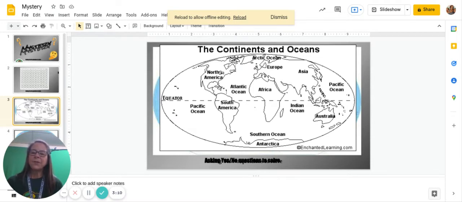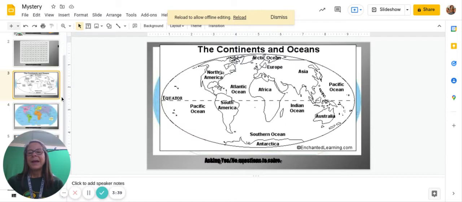But I really want them to try and ask more questions, because that's also working on that questioning skill, putting into words what they are thinking and making them focus on it has to be answered with a yes or a no. I included the equator in this map, because then you could talk about, is it north of the equator, south of the equator? So different questions that they could choose.